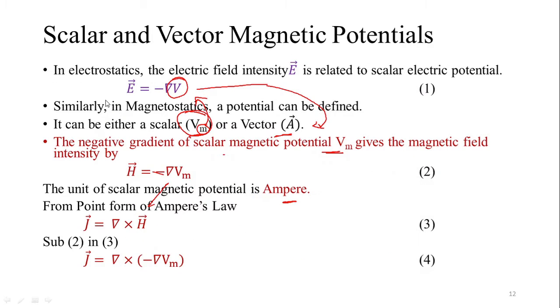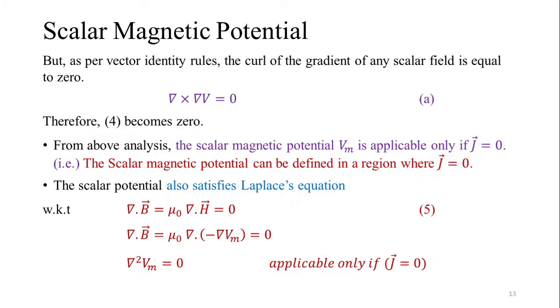So this del cross del must be 0. So the scalar magnetic potential Vm is applicable only when the J vector is 0, otherwise it's not applicable. So the scalar magnetic potential can be defined in a region where J is equal to 0.